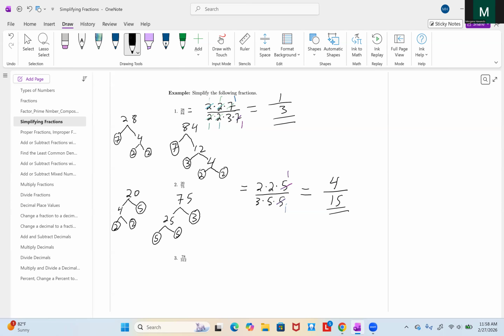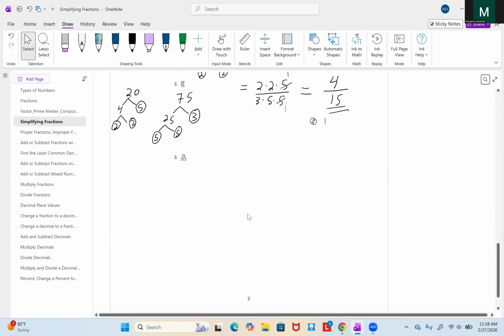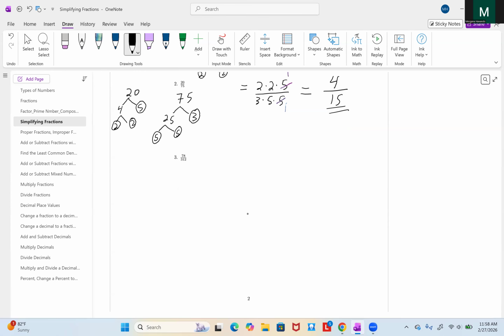Next, 78 over 312. So 78 breaks down into 2 times 39. 2 is a prime number, circle it. 39 breaks down into 3 times 13. 13 and 3 are prime numbers, circle.